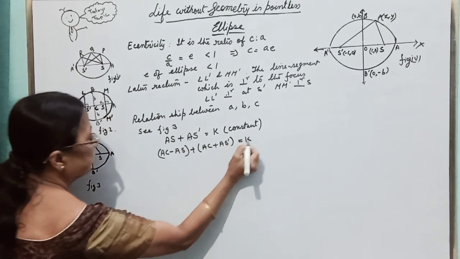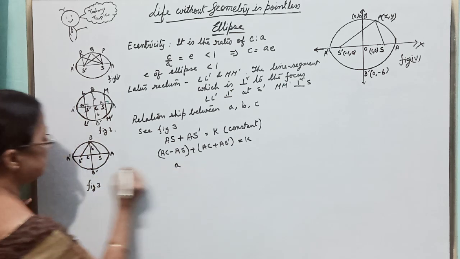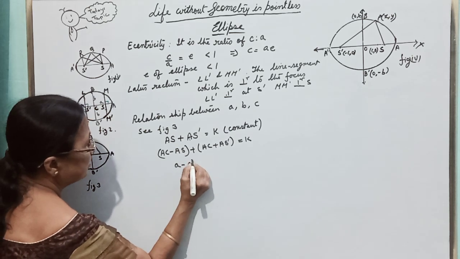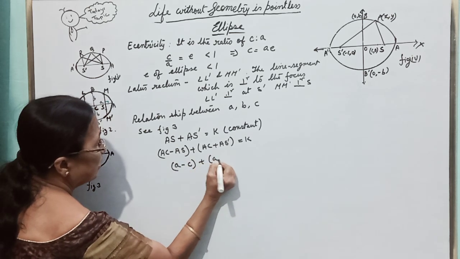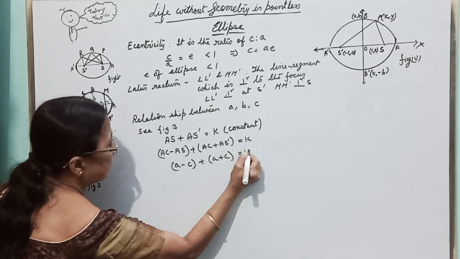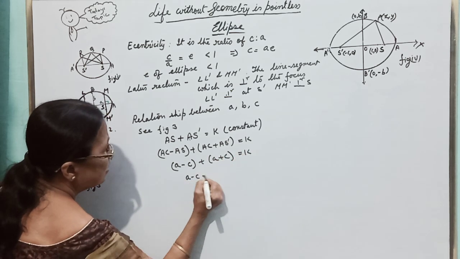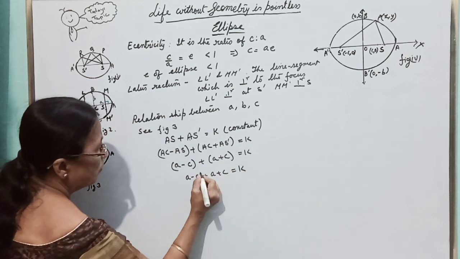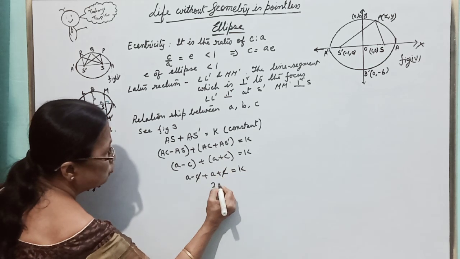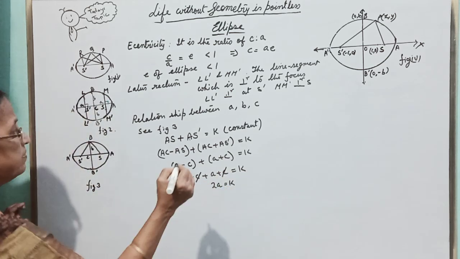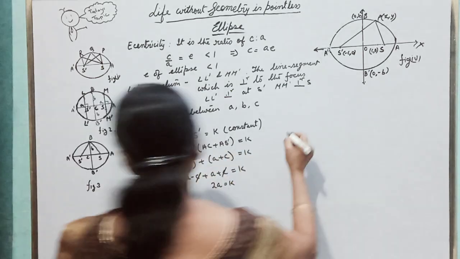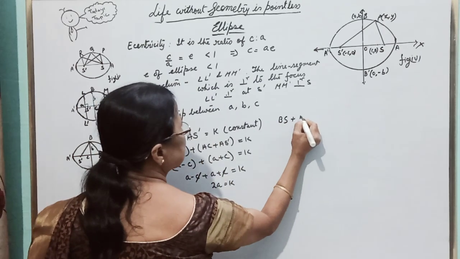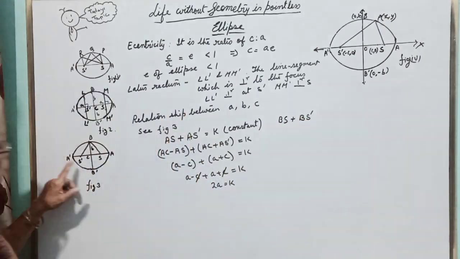This is equal to K. So this is, just as we have studied, A minus C plus A plus C, equal to K. So minus C plus C cancel, 2A equals K. Similarly, we can say, see the figure again, BS plus BS dash is also a constant.